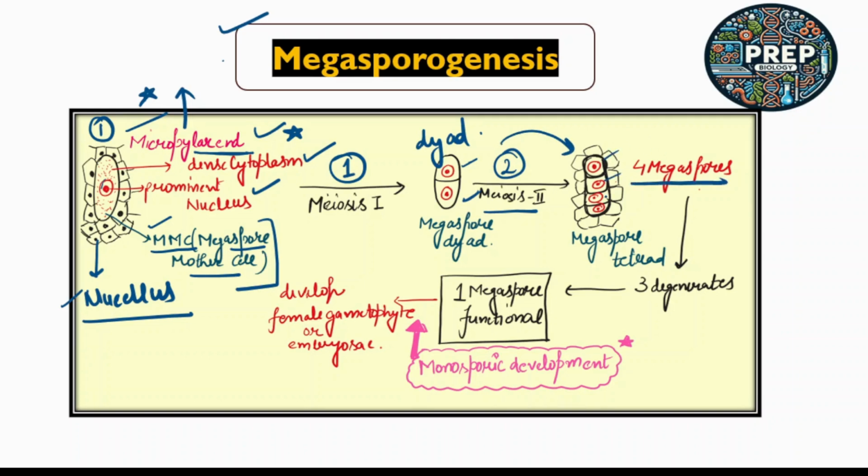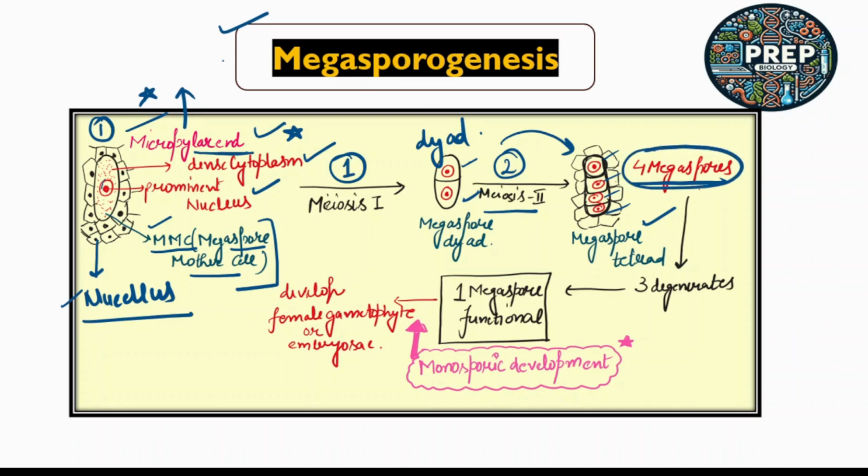This is 1, 2, 3 and 4. This 4 megaspore structure is called the megaspore tetrad. This is somewhat similar to microsporogenesis. We have already discussed that process in the previous classes.